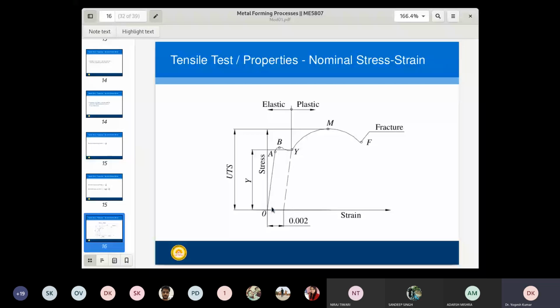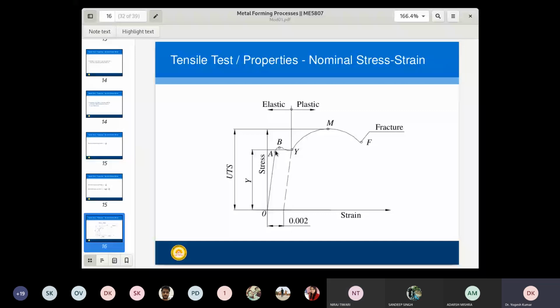But if we apply more force beyond point A, that is, if we continue loading the workpiece, what will happen? There, the stress is not directly proportional to strain, but the strain value is slightly higher.